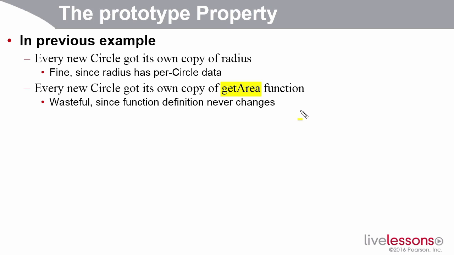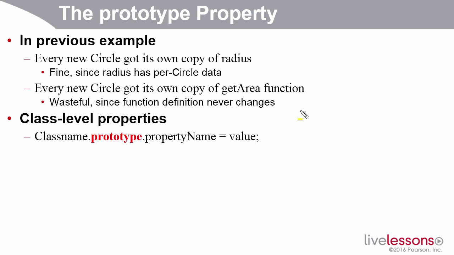And it's quite common to have classes that contain many methods and only a few fields that actually change. And if you make many instances of those classes, then JavaScript is using a lot of memory needlessly. It's making copies of all of those functions.